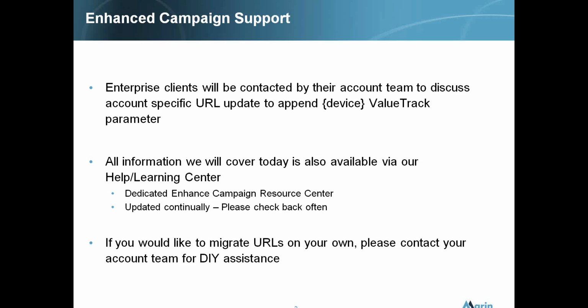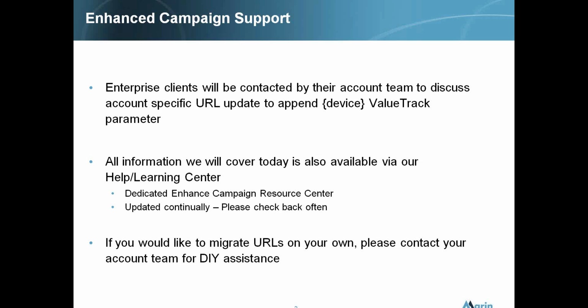Once again, everything will be available in our help section, and the Enhanced Campaigns Resource Center. So if you do have any questions regarding what we're going over, it's a great resource to look at after this session.